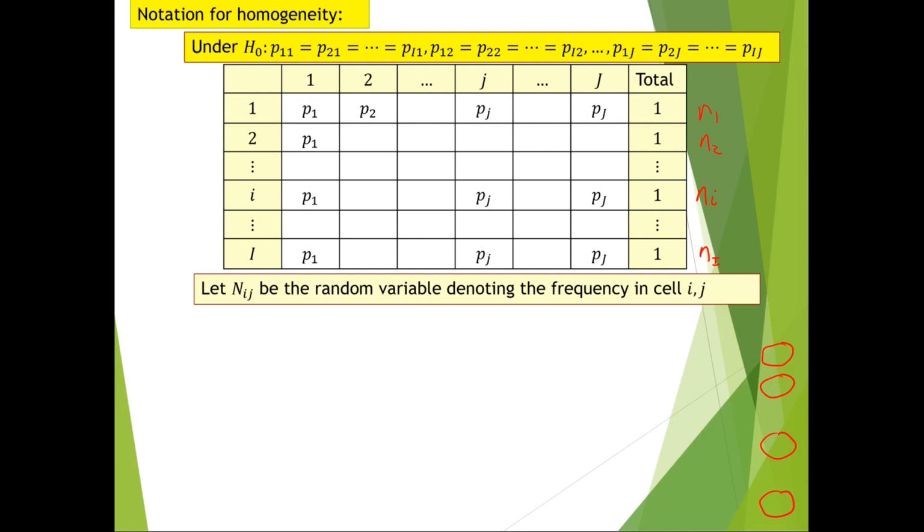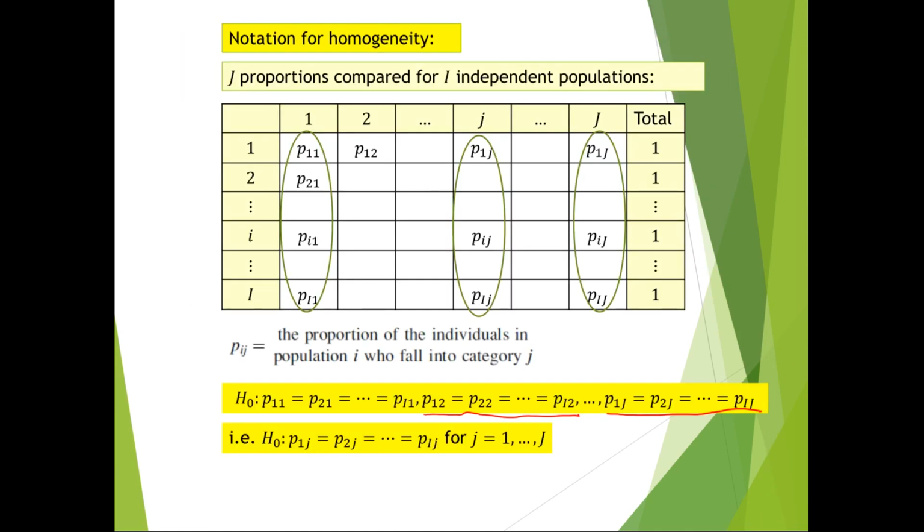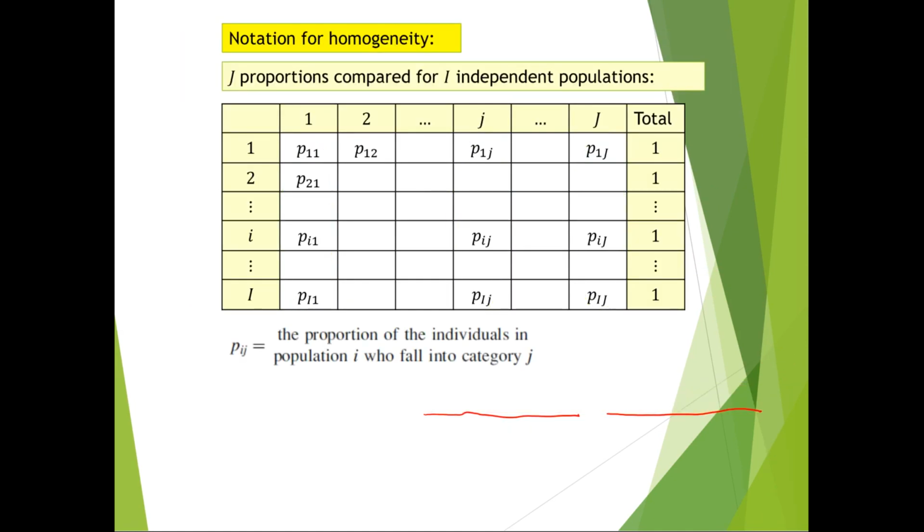You have I populations. Within each of the I populations, you have j minus 1 uniquely determined cells, because all the frequencies, I wanted to look at this, no, not at this one.